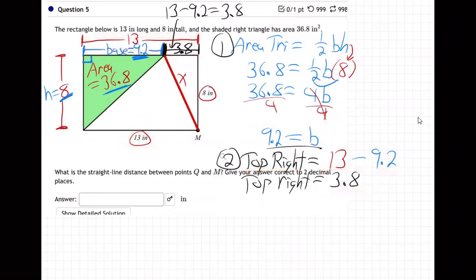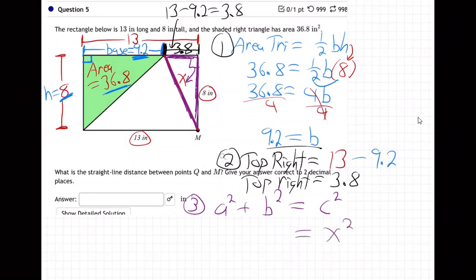And now, step number 3, we've got a right triangle. This side, this side, this side, right angle right there. You know that. A squared plus b squared is c squared, the Pythagorean theorem, whenever we've got a right triangle. So x is the side across from the right angle, the longest side called the hypotenuse.